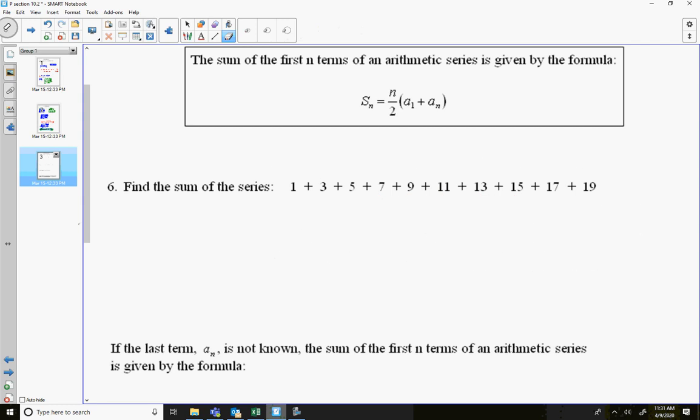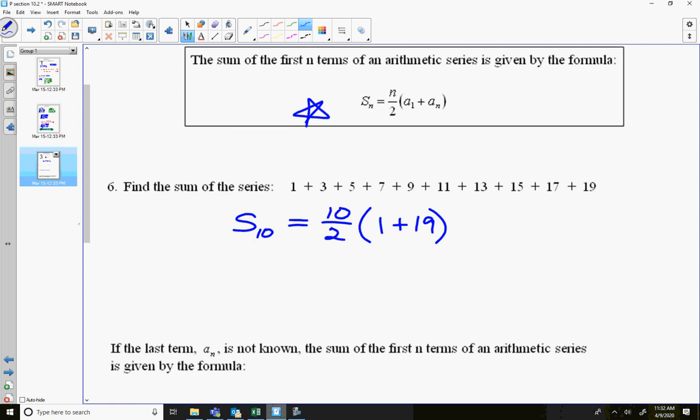So there are 10 terms in this arithmetic sequence. So the formula tells us the sum of our first 10 terms of this sequence is going to be n over 2 times the first term, which is 1, plus the last term, which is 19.